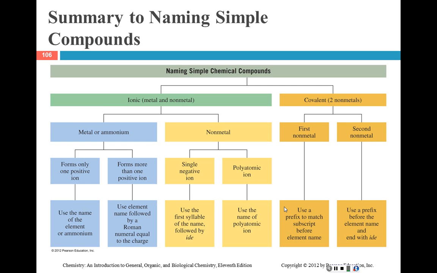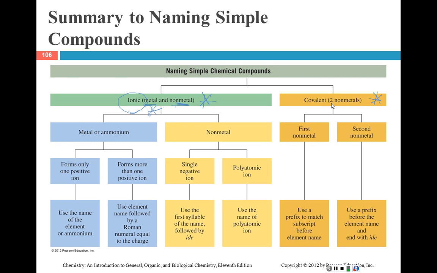Here's all your detailed stuff if you need to know the details. Okay? So we've looked at naming over some of these sections, the ionic compounds and the covalent compounds. And remember, you have to know the difference in order to name them correctly. The ionic compounds will have a metal and a non-metal, and that metal will be first. So if you see a metal, that's an ionic compound.